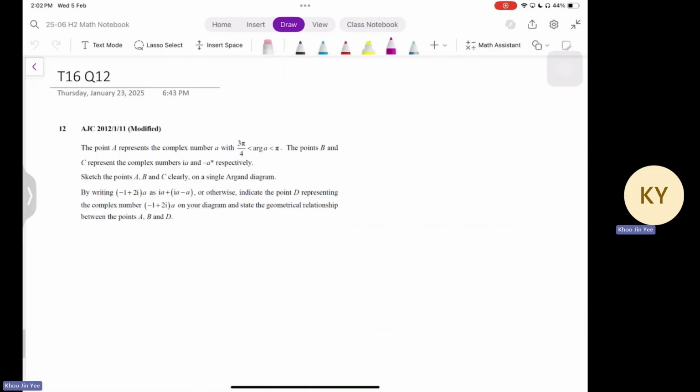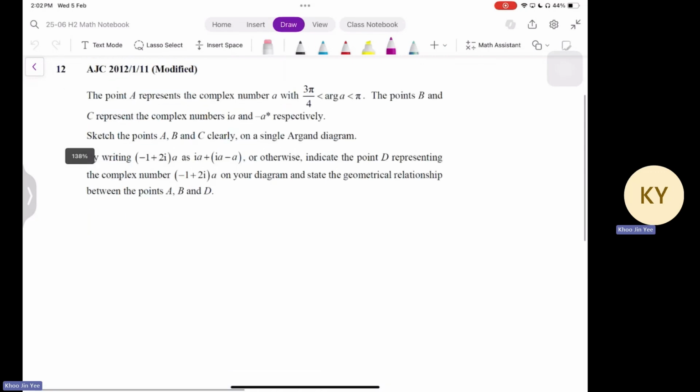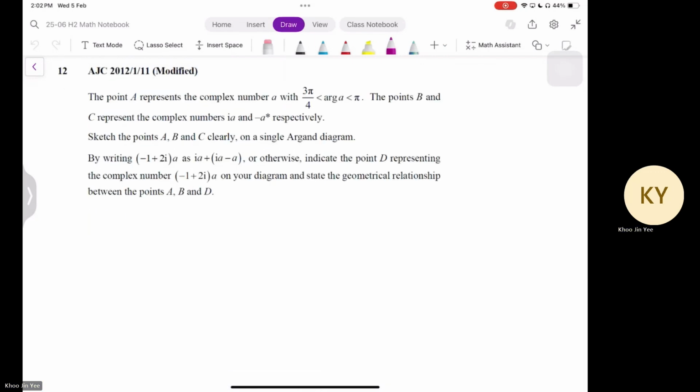Question 12, the last one. Now this question 12 was in complex numbers 2, the one with the polar form and the exponential form. You are going to learn this in university, that when you do polar and exponential form, multiplication and division of complex numbers become very easy.